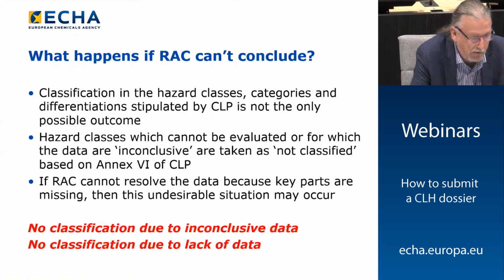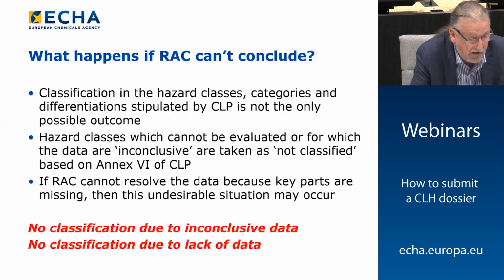This is my last slide, and this is a dire warning to everybody. Sorry about this, but I think it's needed. We classify in the hazard classes the categories and differentiations stipulated by CLP. So we put the endpoints in the boxes they're supposed to be in, but that's not the only possible outcome.